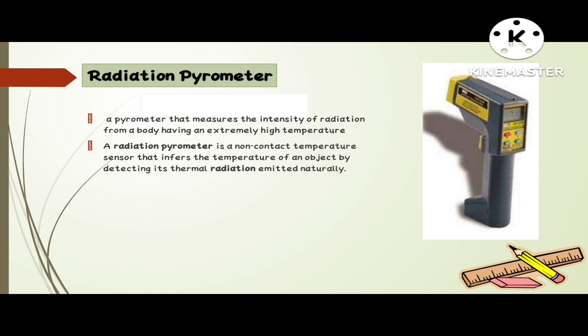The basic principle of the radiation pyrometer is that it measures the object's temperature by sensing the heat or radiation emitted from the object without making contact with the object. It records the temperature level depending upon the intensity of radiation emitted.